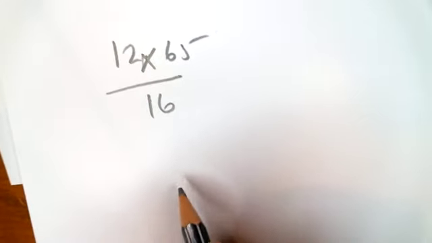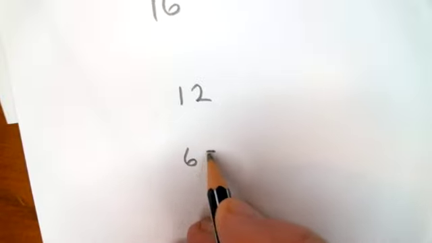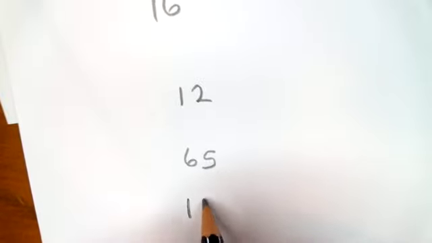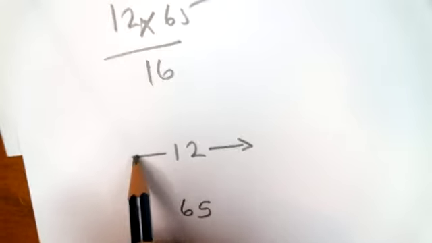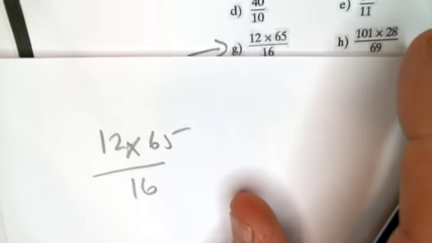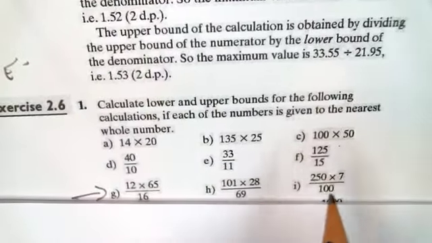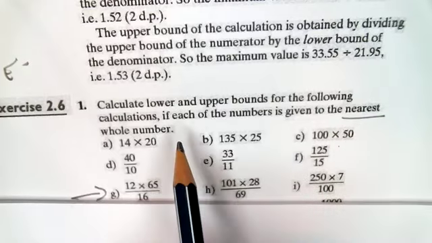So here's the upper and lower bounds of the number 12, of 65, and of 16. Now, I'm doing them separately for a reason, as you'll see. So the upper and lower bounds of 12, well, what are they wanting them to? They're wanting them to the nearest whole number.